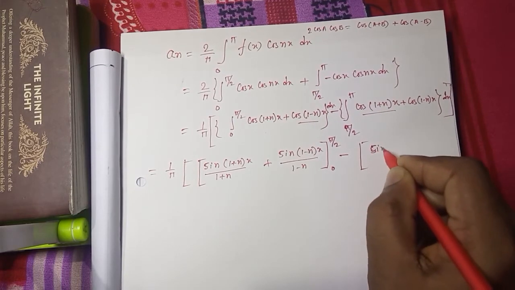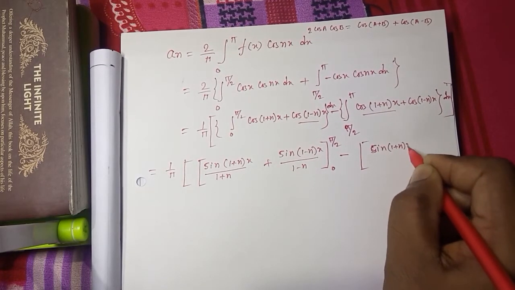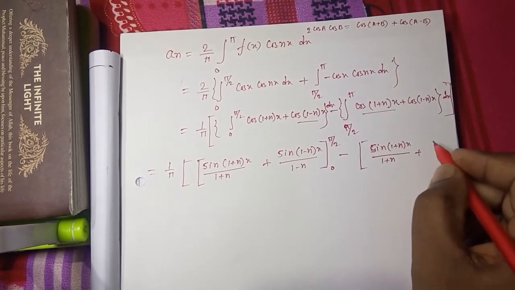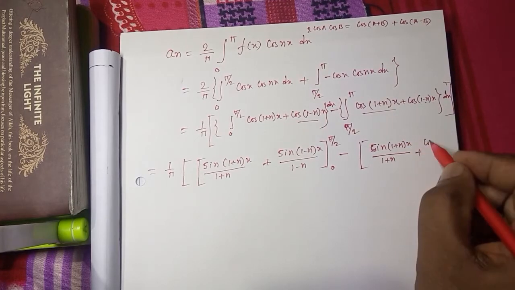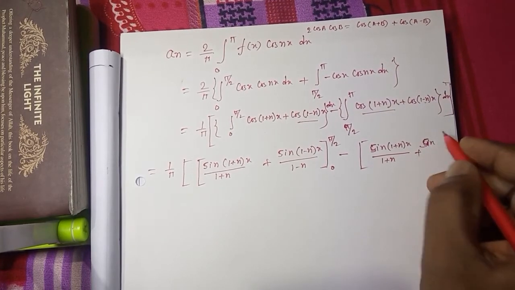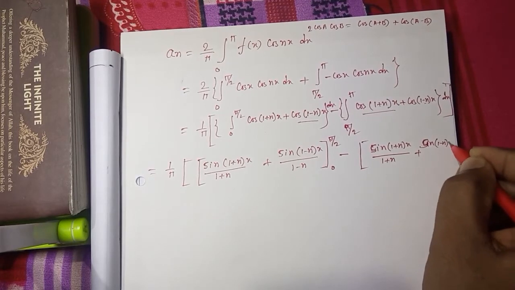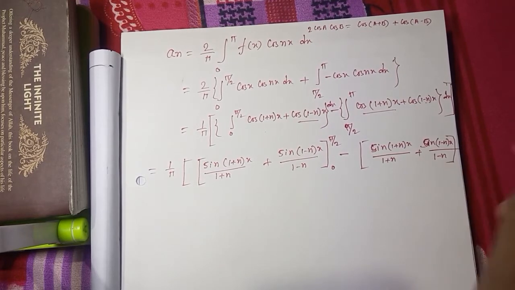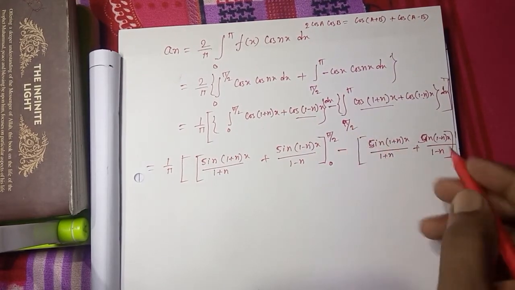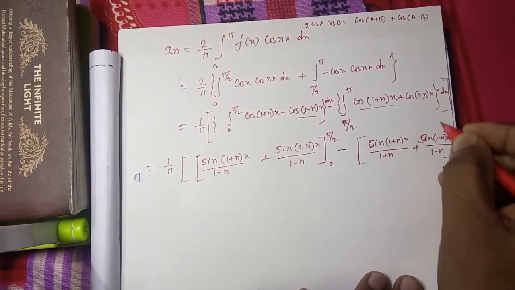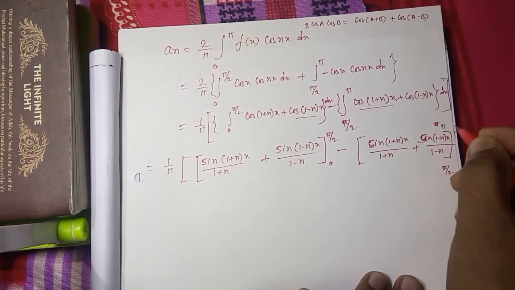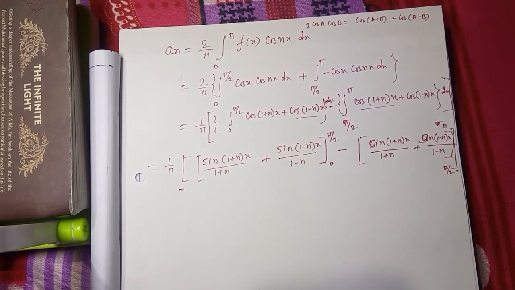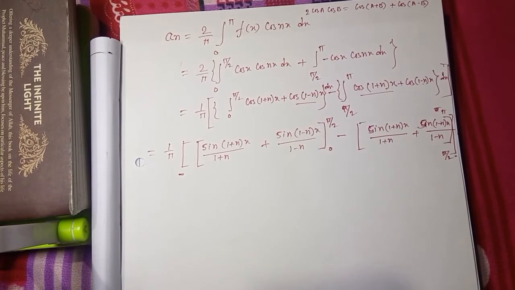This gives sine of (1 plus n)x by (1 plus n), plus this term we get sine of (1 minus n)x by (1 minus n), and limit should be pi by 2 to pi, and here this bracket is complete.